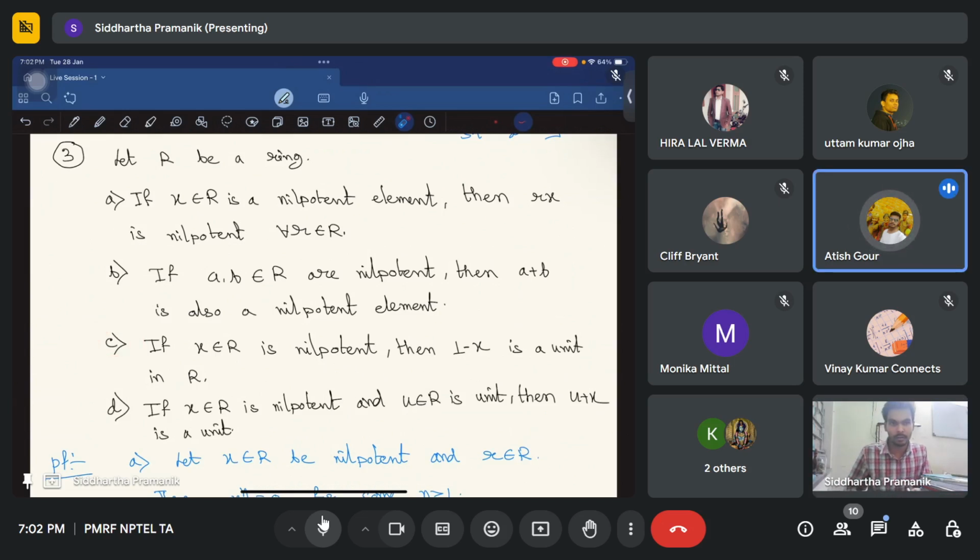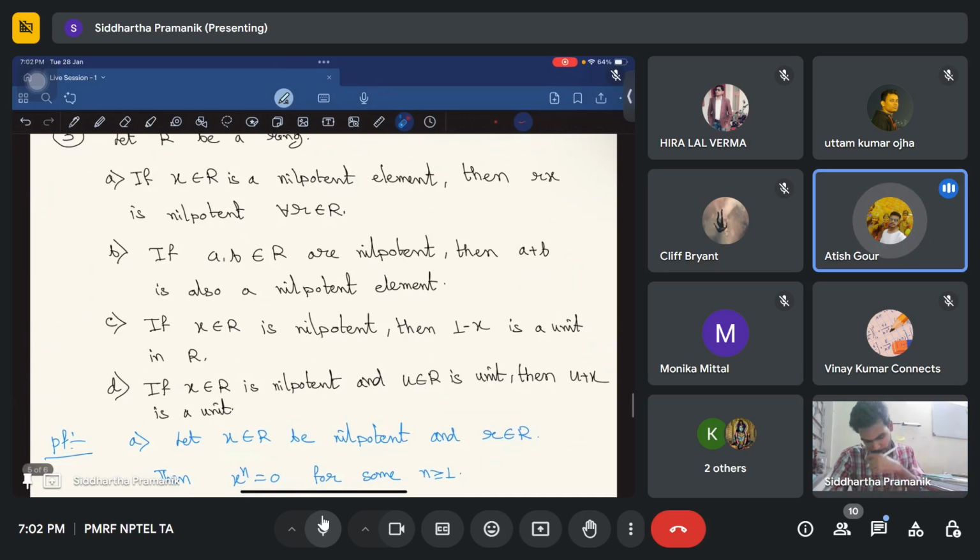Yes, sir. We can take x as nilpotent, and just now we have proved 1 minus x is a unit. So sum will be 1. So can we prove like this? Sum will be 1 means x plus 1 minus x. So we remain with 1, which is a unit element in R. Can we go with that, or is a rigorous proof required?